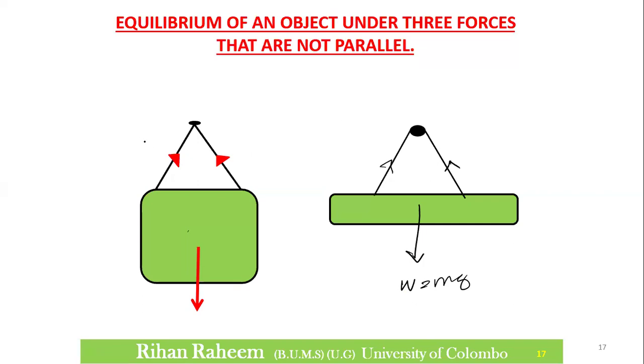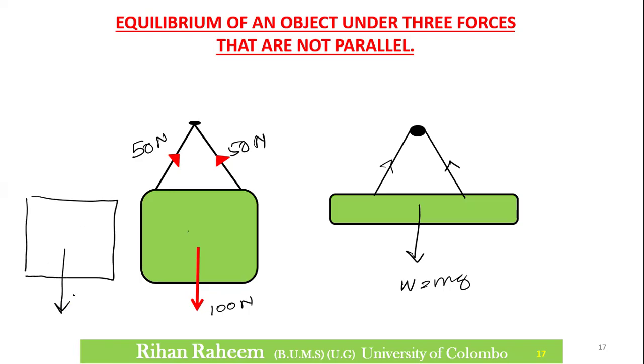So, for example, if I say this is 50 Newton, this is 50 Newton, can I say this is 100? No, we cannot say. Because that is possible in questions with three parallel forces. Those kinds of questions, it is possible. If the question was something like this, 50 Newton plus 50 Newton will be equal to 100 Newton.